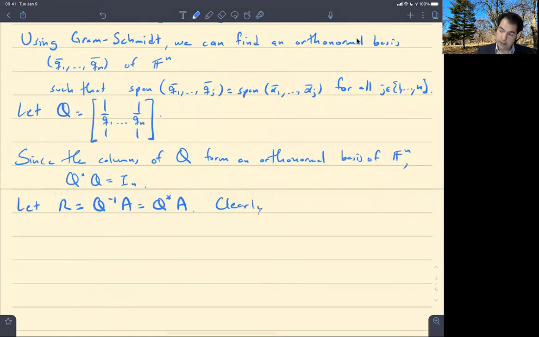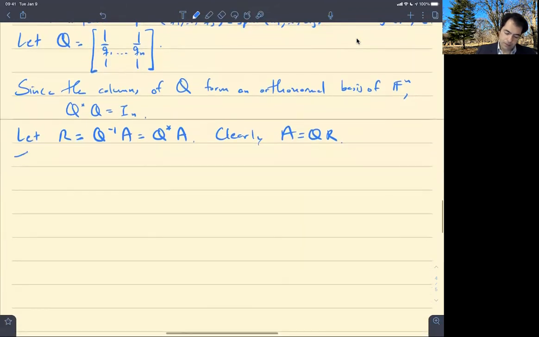Right? Clearly, A is equal to Q times R by definition of R. So we just have to justify that R is upper triangular. Well, the jk-th entry of R is Rjk.